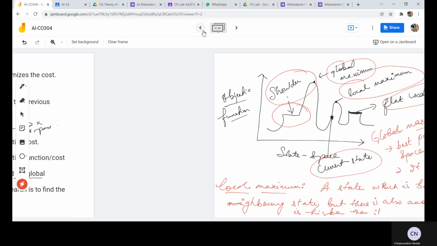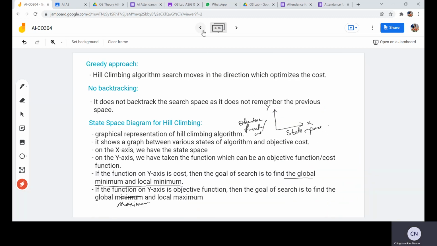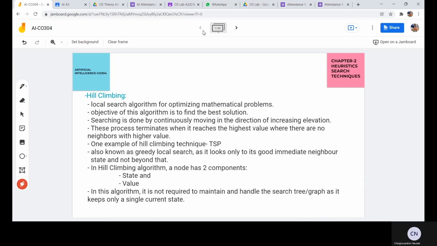The terminating condition is when it reaches the highest value. When do you know that it has reached the highest value? When there are no neighbors with a higher value than it.